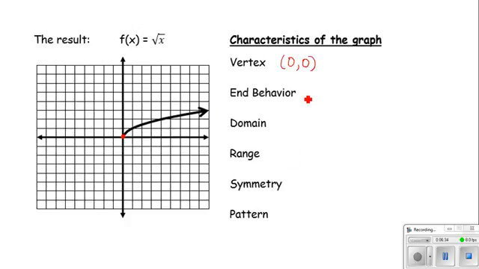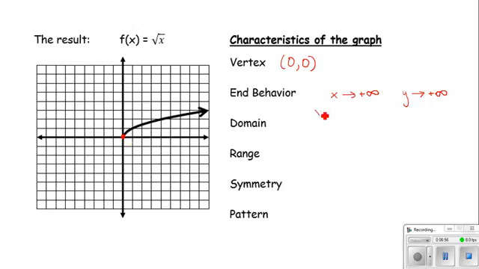Its end behavior on the right, as x approaches positive infinity, y is also approaching positive infinity, and x doesn't approach negative infinity. In fact, its left behavior is that it ends.